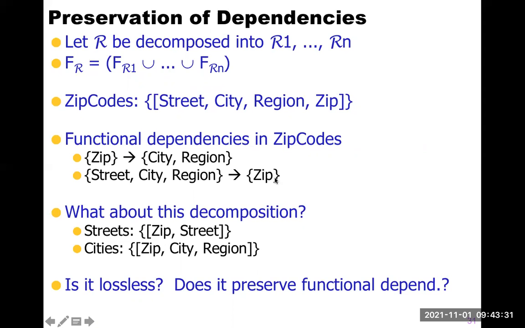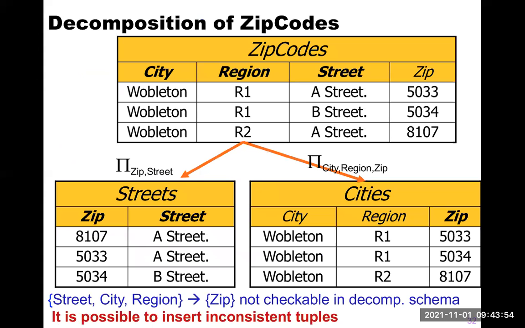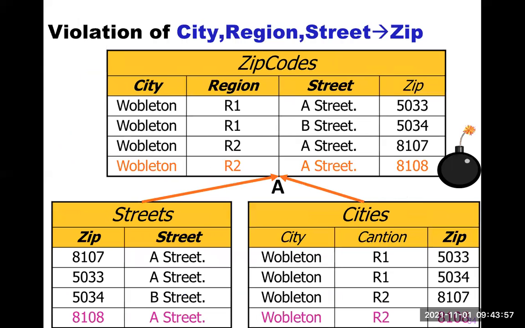But due to the second dependency, we can't remove any columns from our original table. If we go with this decomposition, it may be lossless, but what is lost is the dependency. We can't check the second dependency. That's another problem, and you can see the situation.